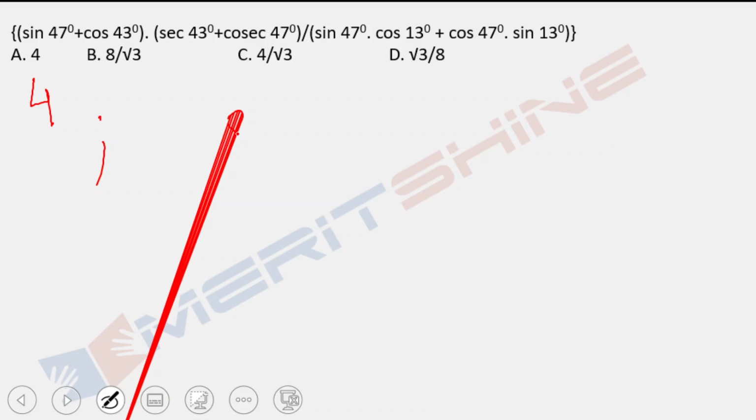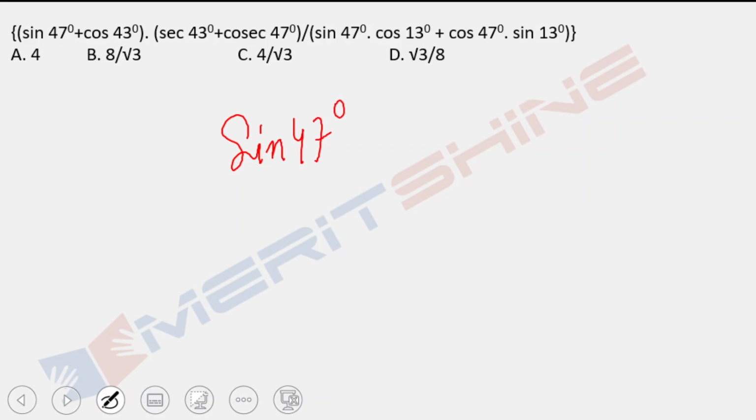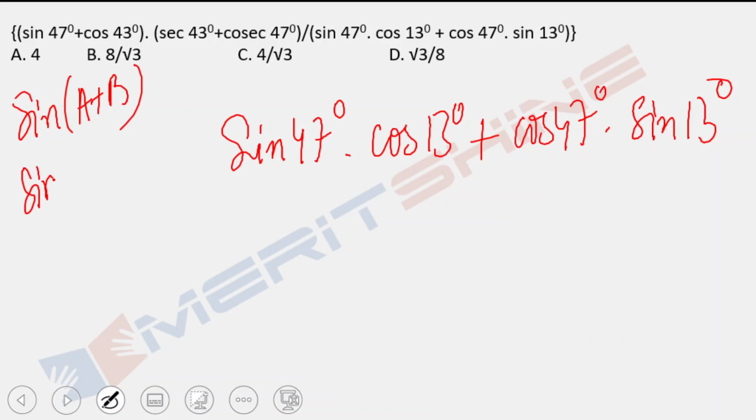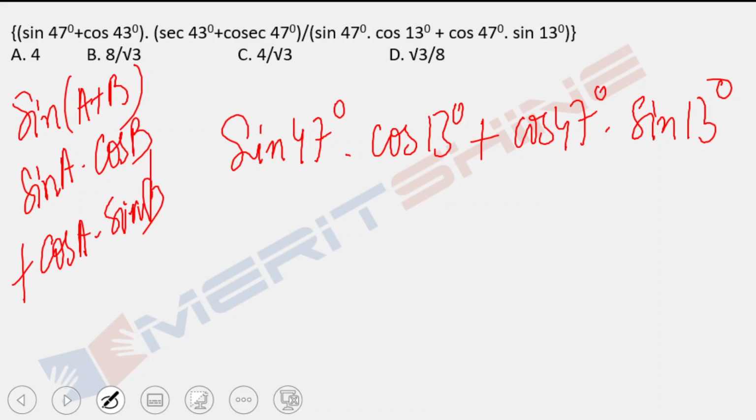In the denominator you have sin 47 degrees into cos 13 degrees plus cos 47 degrees into sin 13 degrees. Now, looking at it, do you recollect the compound angle formulas? Sin of A plus B is sin A into cos B plus cos A into sin B, right?